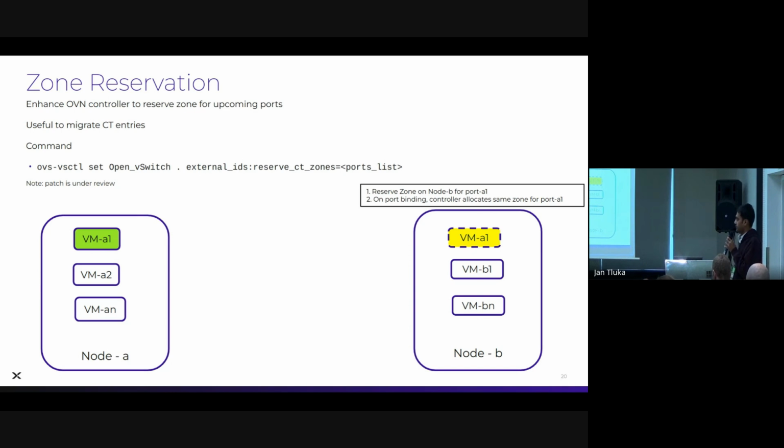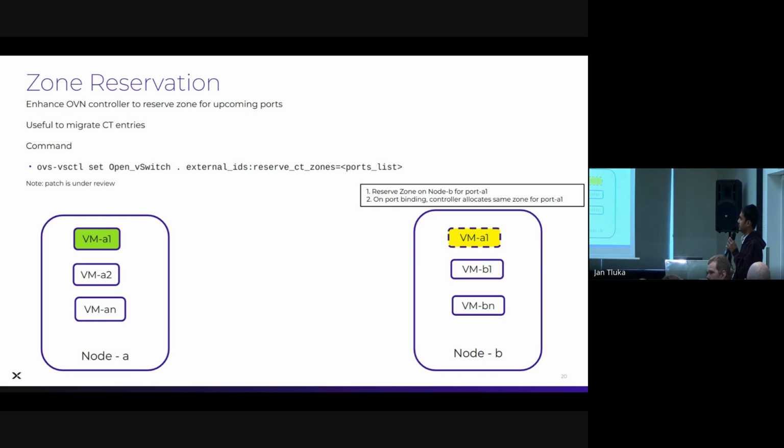As part of VM migration, we want to do conntrack entries migration also. As the destination node is getting prepared for the migration, once the interface is created, we want the OVN controller to reserve the zone, before the port binding happens. Before that, we want to reserve.